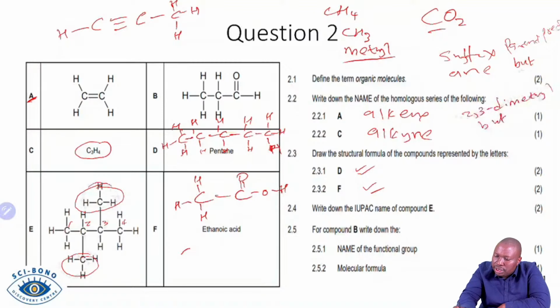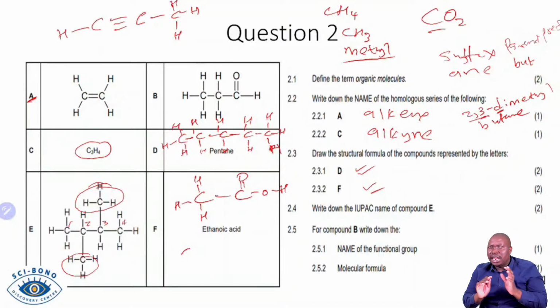Then you write butane. Don't forget, between the 2 numbers, you put a comma. Between a number and an alphabet, a D and 3 there, you put a hyphen. Please, we always penalize and take 1 mark for not writing the hyphen or the comma and all that. So don't be too excited as you are getting this correct.